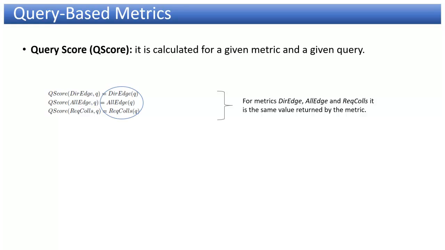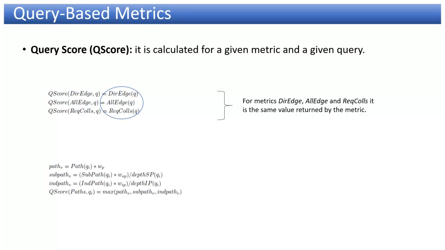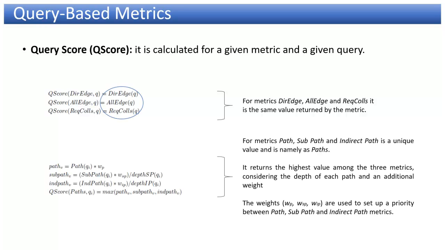For the metrics path, subpath, and indirect path, there is a unique value named paths. It returns the highest value among the 3 metrics, considering the depth of each path and an additional weight. The weights are used to set up a priority between the path, subpath, and indirect path metrics.